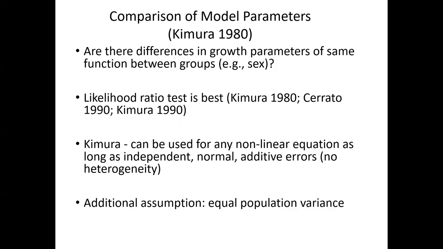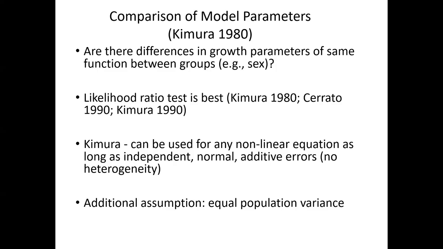So the historical paper that started allowing group comparisons, without really getting into the multivariate stuff that went on in the early 80s, was Kimura's 1980 paper published in Fishery Bulletin.